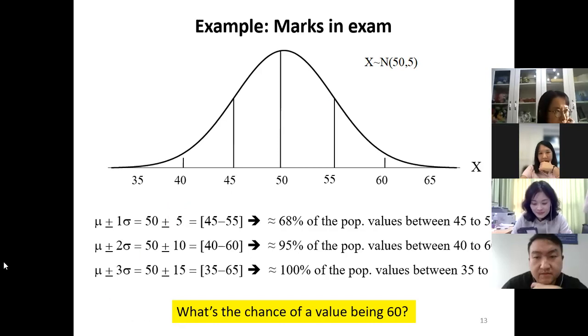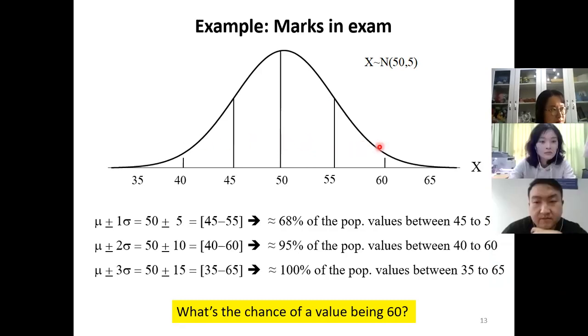This side means you pass, this side means you fail. So what's the area from here all the way? How much? 50%, right? This side 50%, this side 50%. So your chance of passing is 50%.